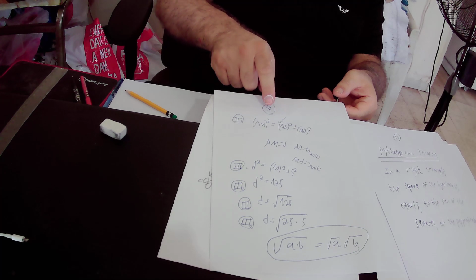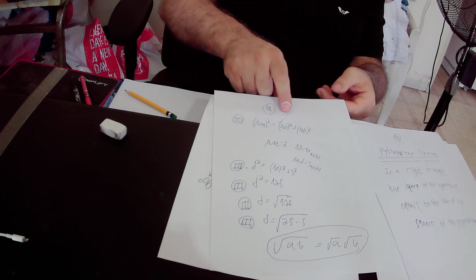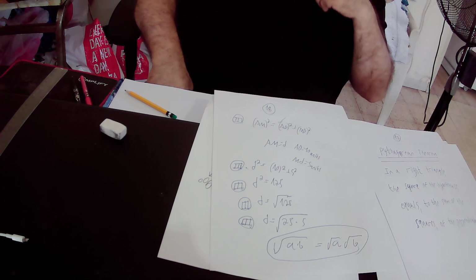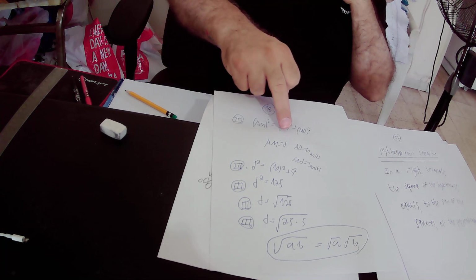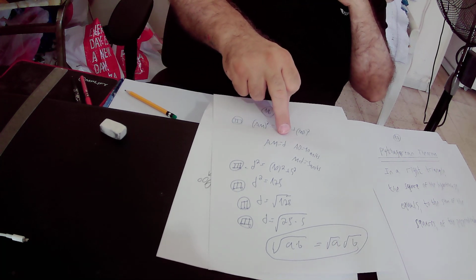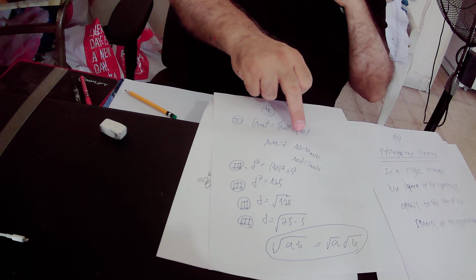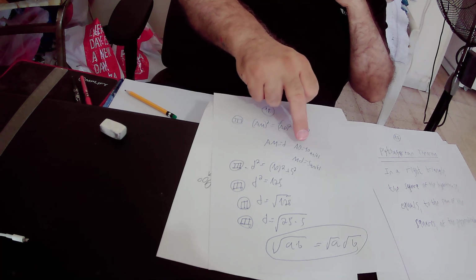Again, AM square equals AD square plus MD square. But we know that AM equals D, the diameter of the circle, AD equals 10 units and MD equals 5 units.